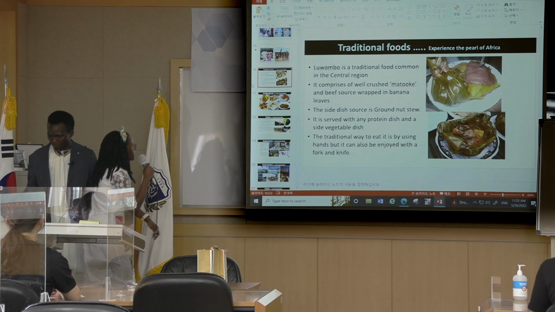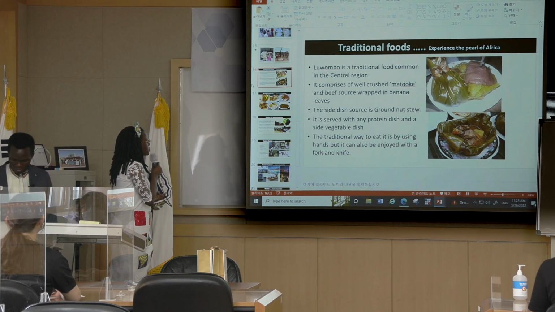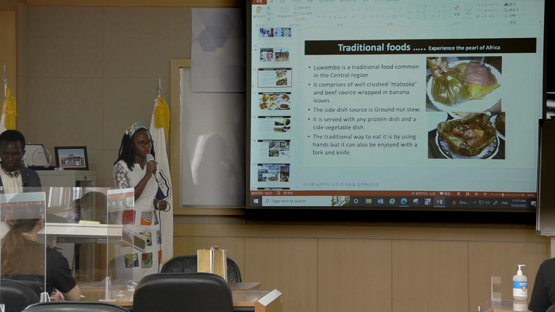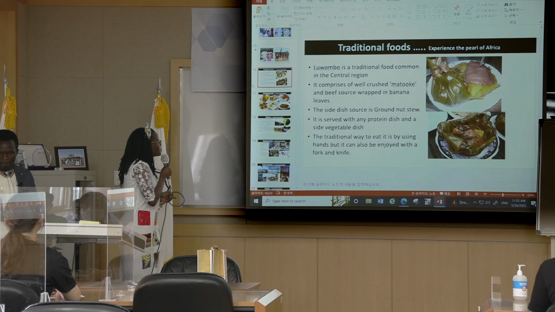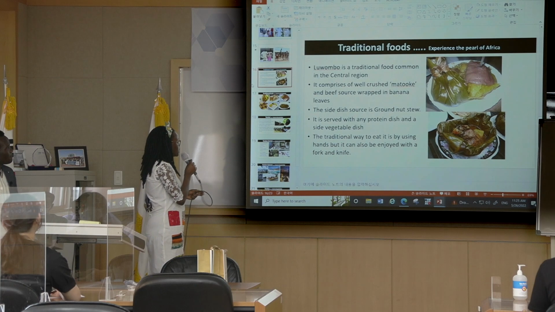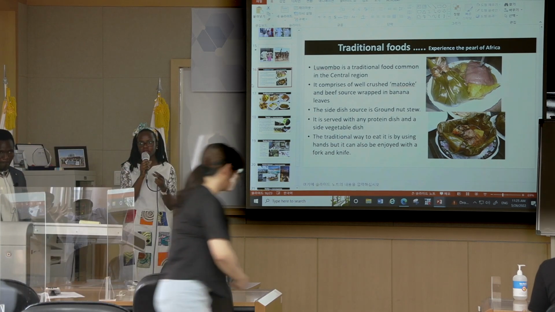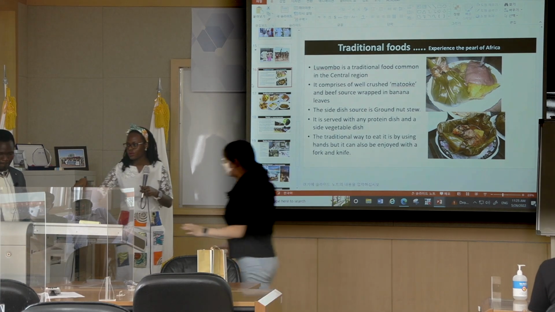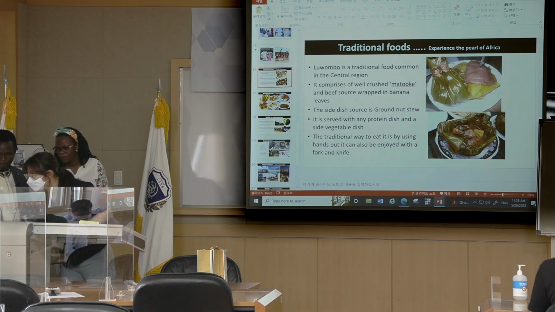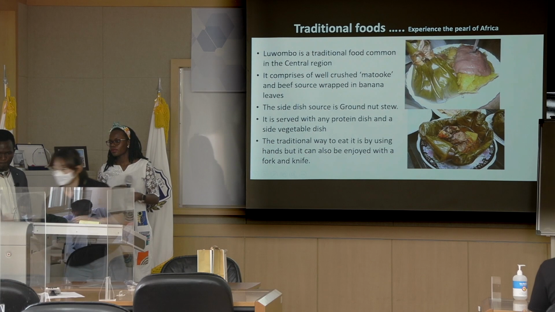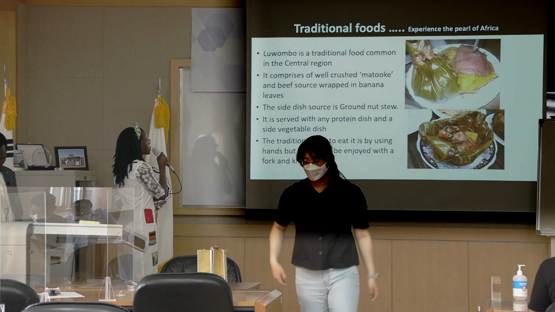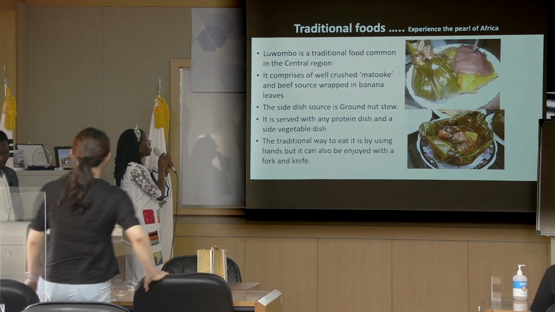Okay, thank you. So I'll present about the food and the tourism. One of our most popular traditional foods, which you shouldn't miss when you visit Uganda, should be the luwombo.